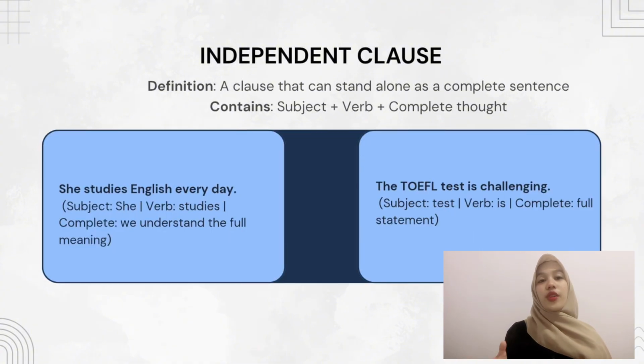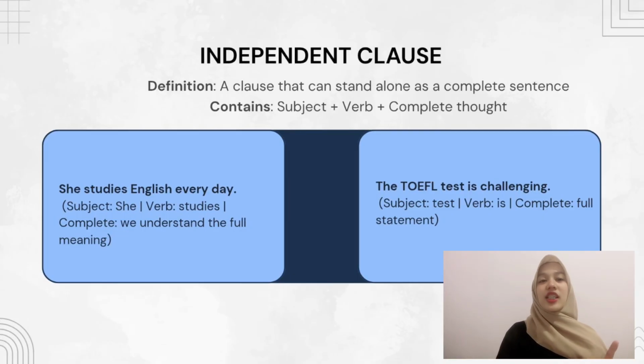So let's review the example. She studies English every day. The subject is she and the verb is studies. Complete, we understand the full meaning.